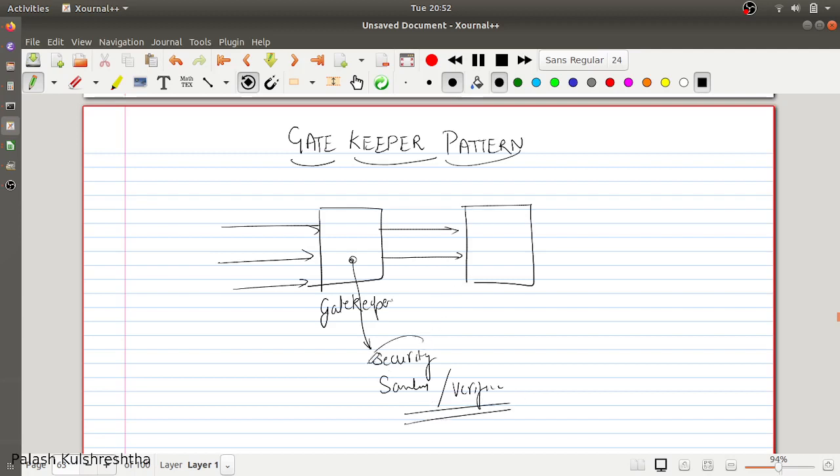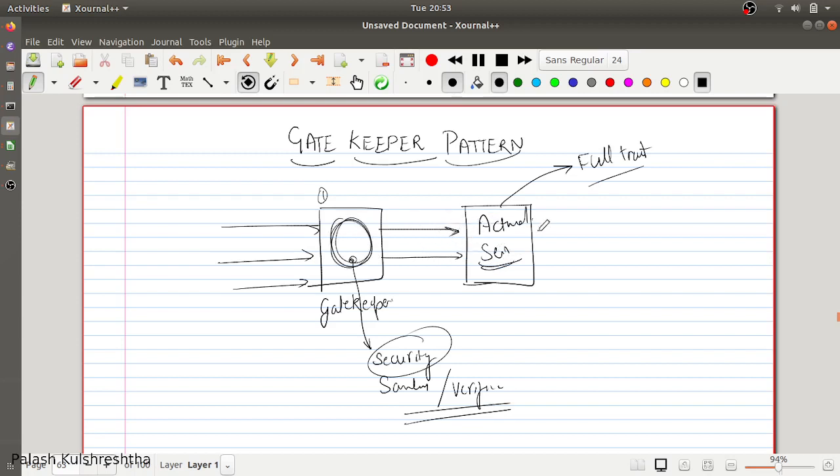So how this provides security is, first of all, you are going to run this service in a less privileged mode. This service will have less access in comparison to your actual service. This is your actual service. This service is a full trust service. By full trust, we just mean that all the other components will allow access from this actual service, whereas only limited components are allowed access from the gatekeeper.